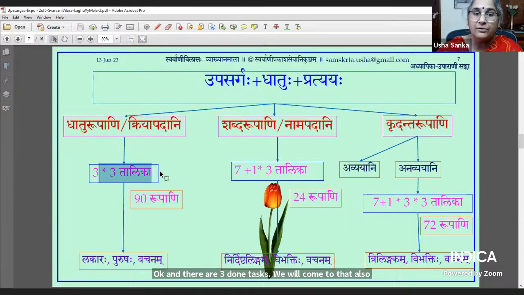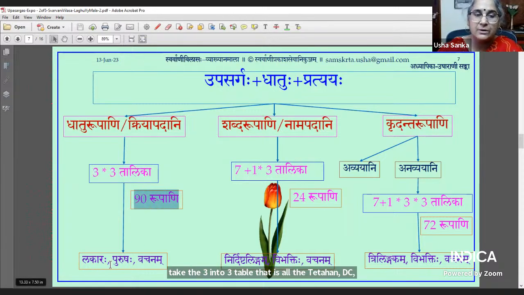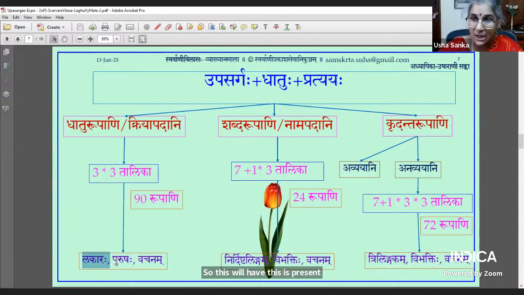For now, we have to understand that the verb forms, whichever verb form is forming, it is going to take the 3 into 3 table. That is all the titaha, anti, sitha, tha, mi, vaha, maha, and this all I explain. So this is present tense. Lakara means present tense for now.